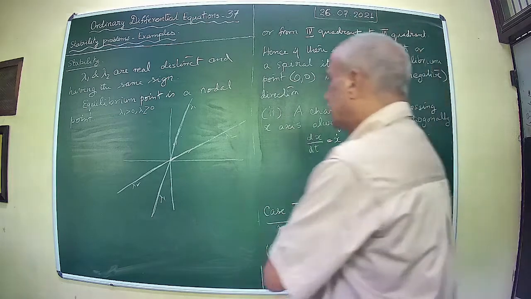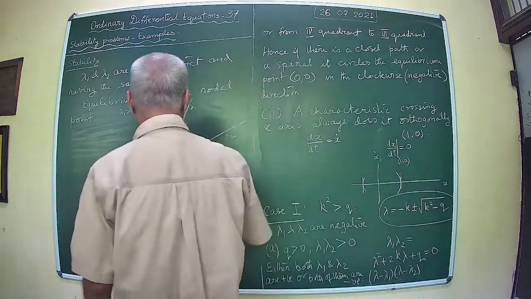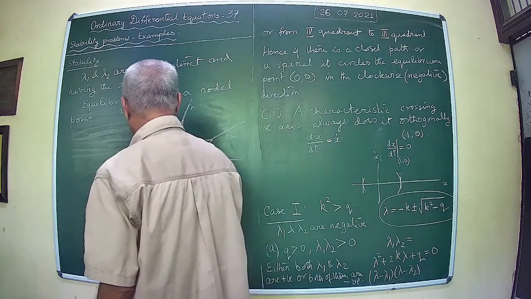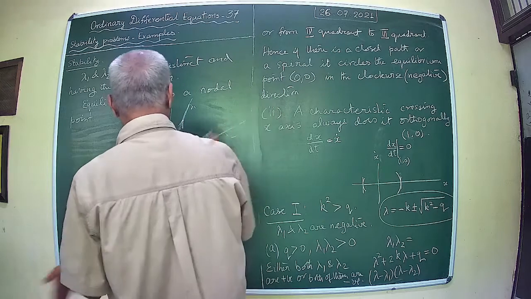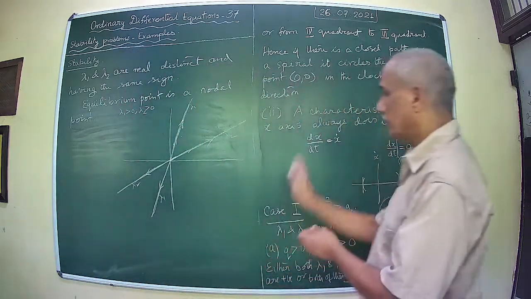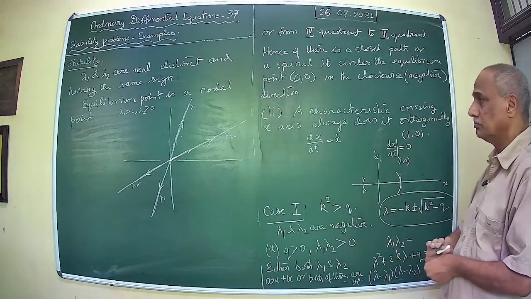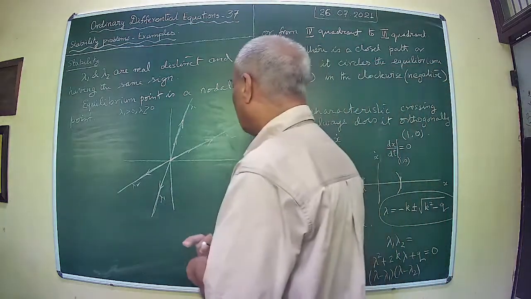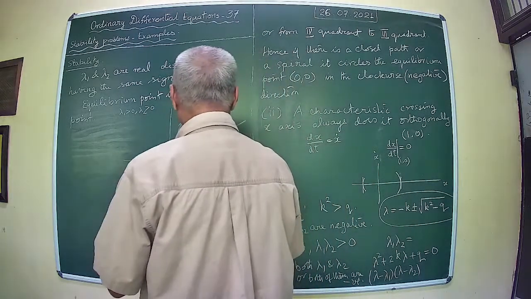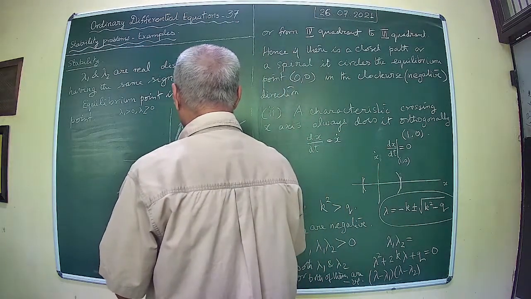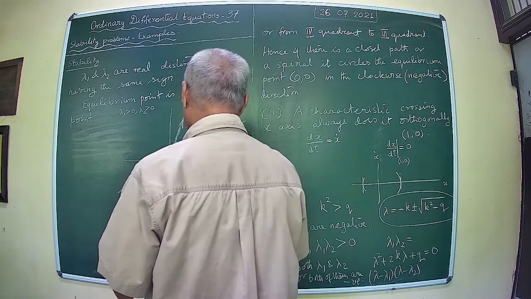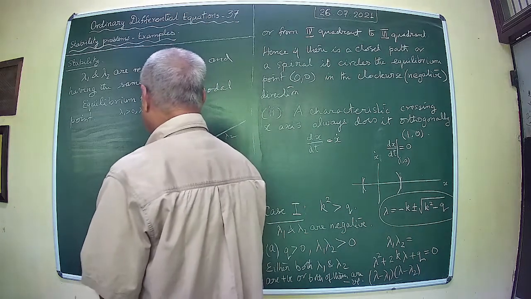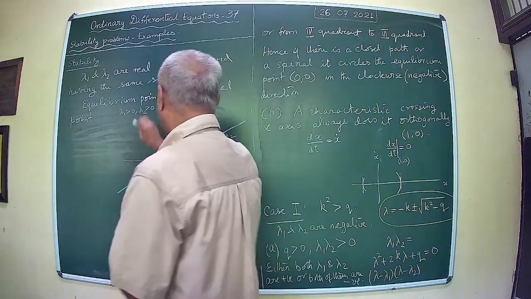So since both lambda 1 and lambda 2 are positive, the paths along this are going to be away towards these two directions. And then you can find out the behavior of this. That depends on the relative value of lambda 1 and lambda 2.